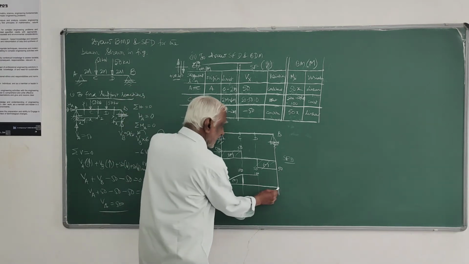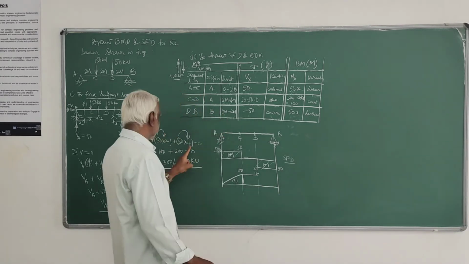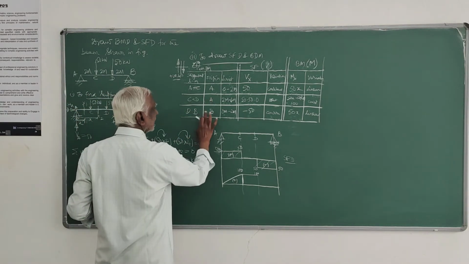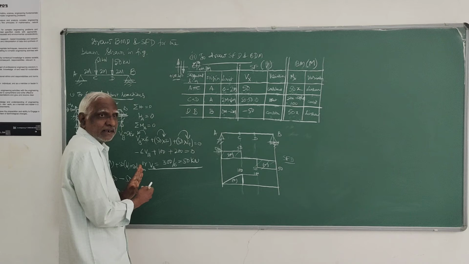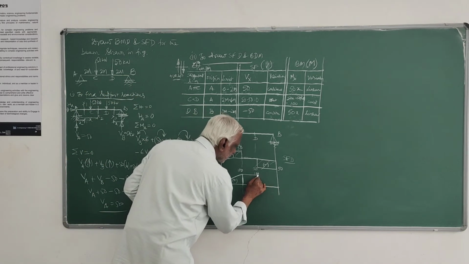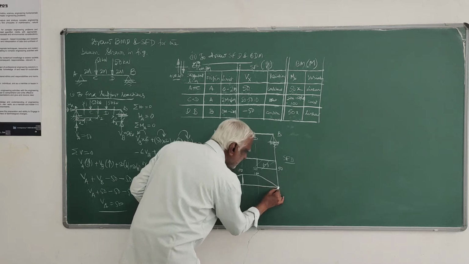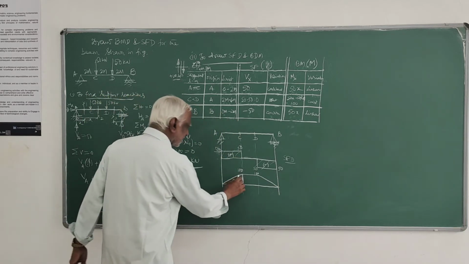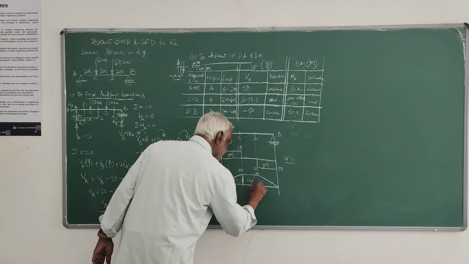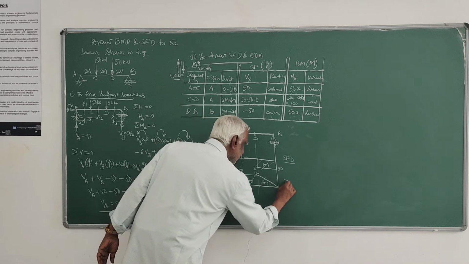Here x equals 0 means it is this point, because distance is measured from B. x equals 0 is here, that you have to be careful about. So here 100, here it is 0. So these are all positive.